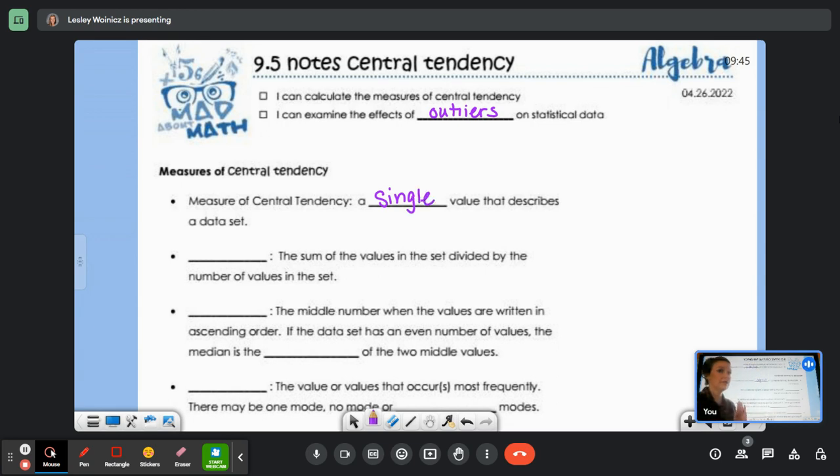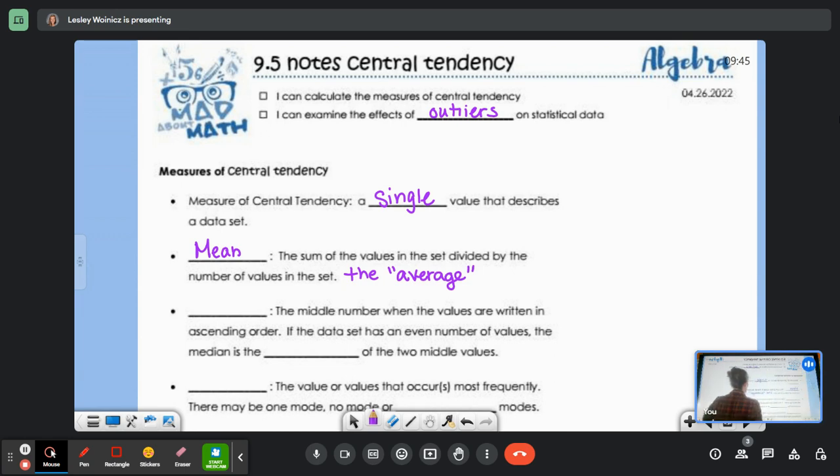Now, you've heard of these before. These are not new. One of them is the mean. This is what we usually think of as the average. This is the one where we have to add up all the values in the data set and find their sum, and then divide by how many there are.